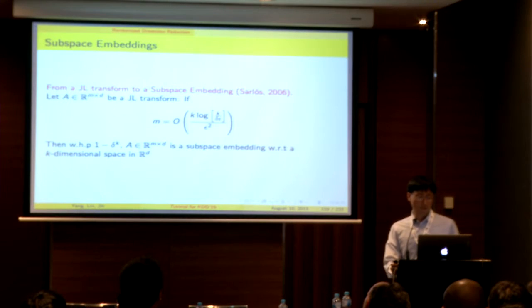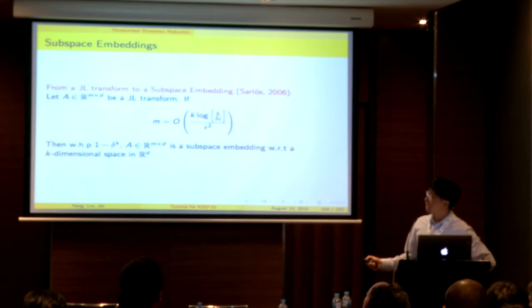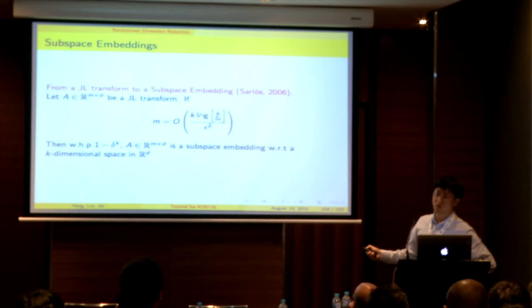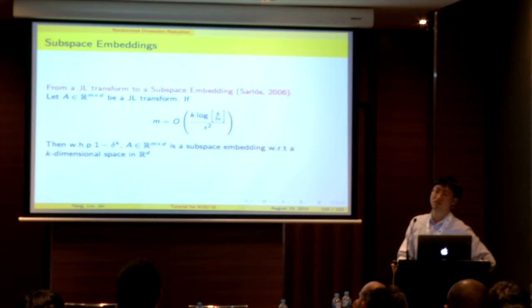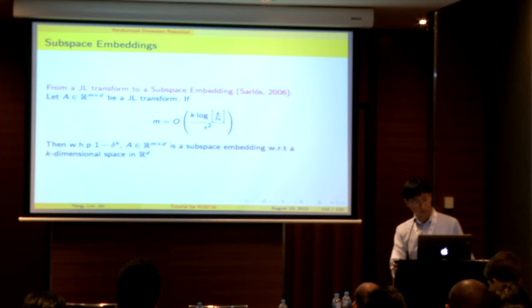Okay, so we can make a JL transform a subspace embedding. If A is a JL transform, and we make this M value to be of this order, K, the dimension of the subspace, times the log term divided by epsilon squared, it is guaranteed that this transform is a subspace embedding. Compared to the original JL lemma, there is an additional factor here, K times a log term.